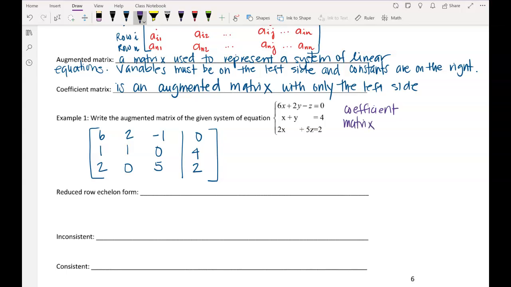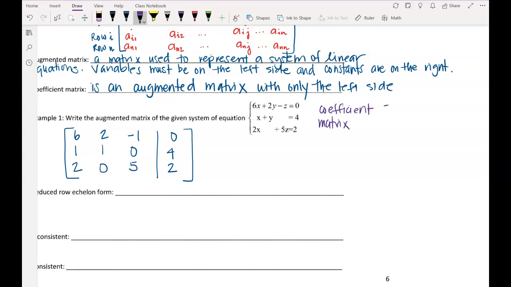So the only difference is that now you only have the left side, which is all the variables, okay? 6, 2, -1, 1, 1, 0, 2, 0, 5. And that's the difference between an augmented and a coefficient.